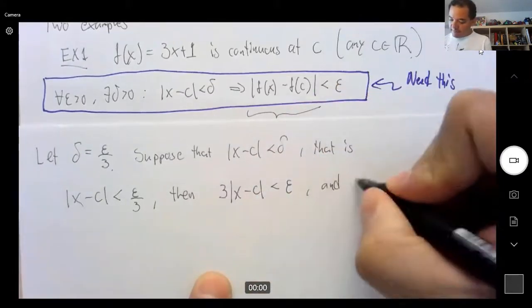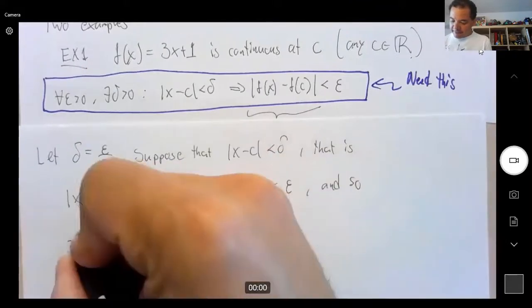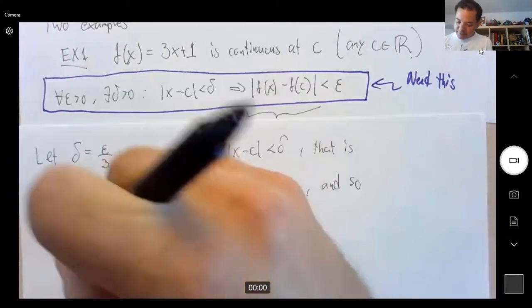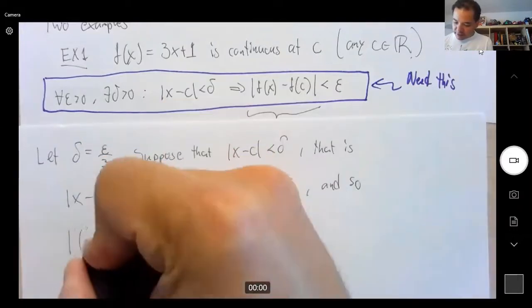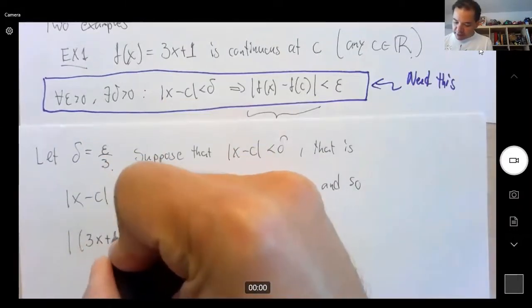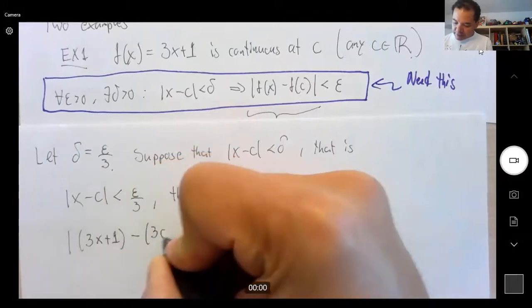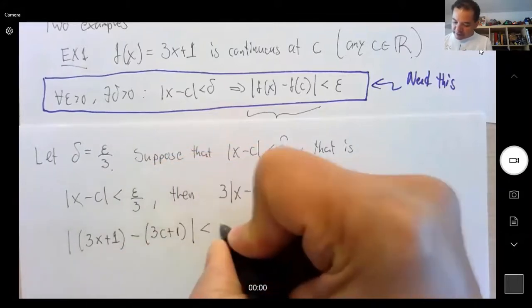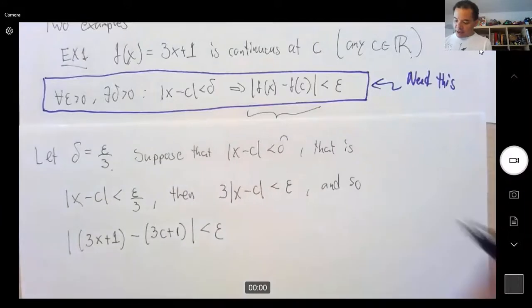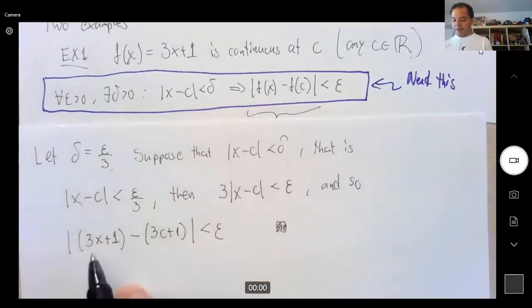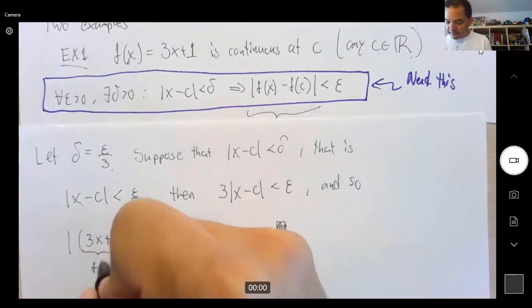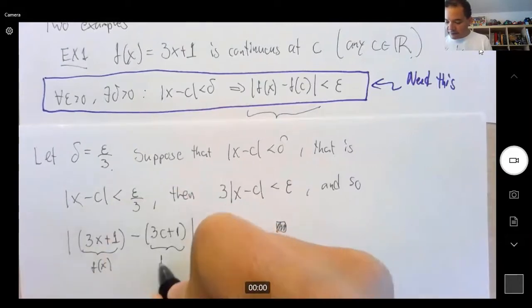And so, putting the 3 inside, I can write |3x plus 1 minus (3c plus 1)| less than epsilon. And we are done, right? This is f of x, and this is f of c.